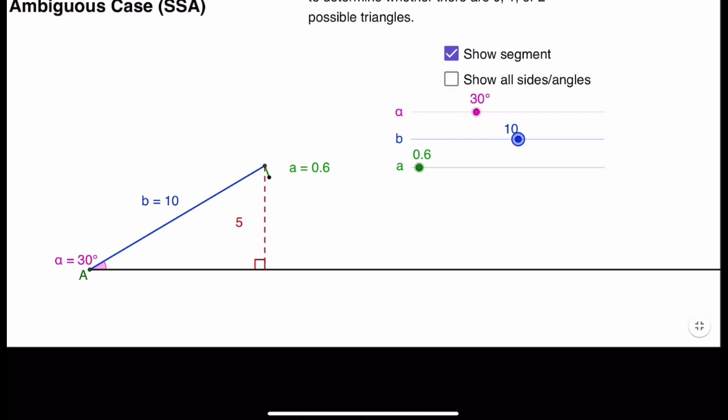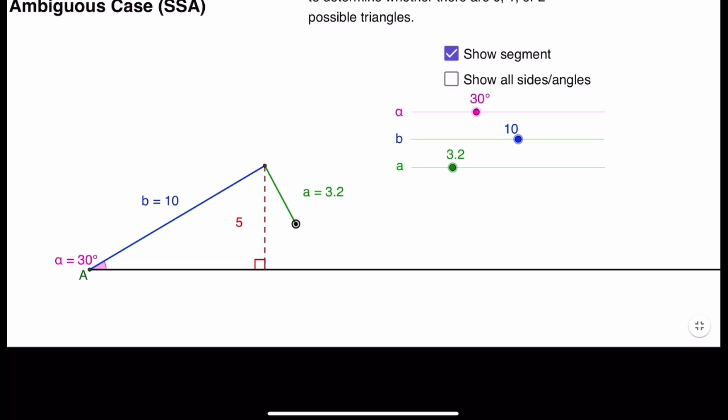My a is smaller than h, which is 5, and less than b, which is 10. I am not able to form any triangle. You can see, even if I swing my a, I cannot form any triangle.